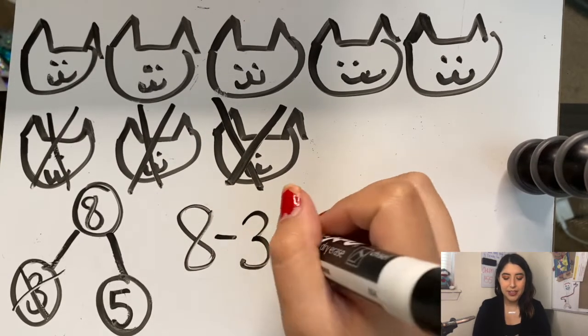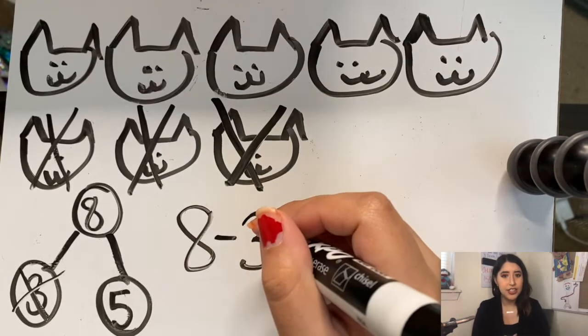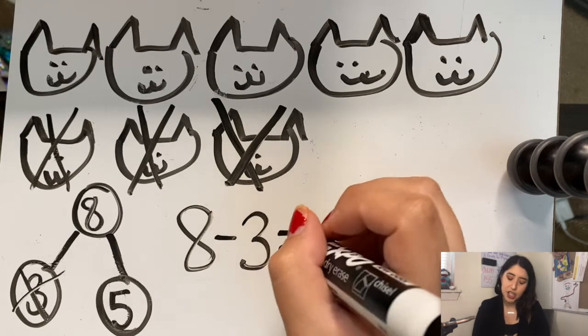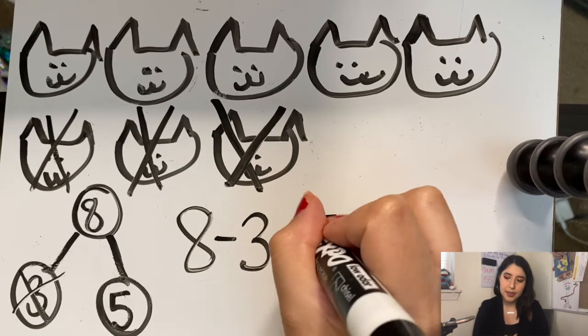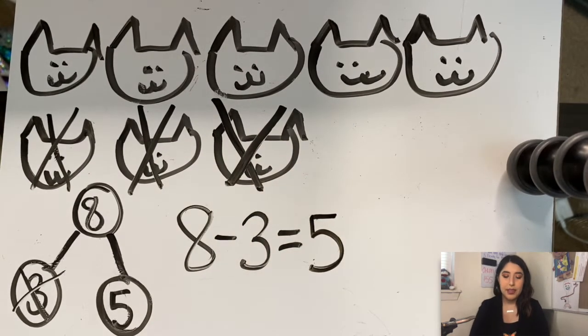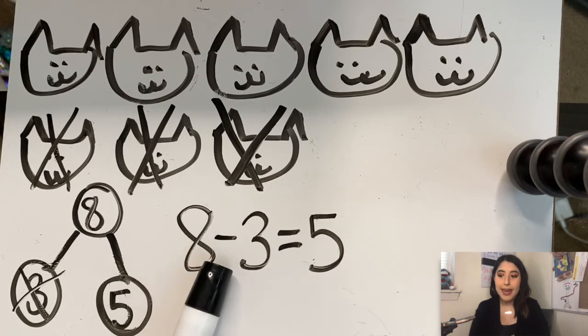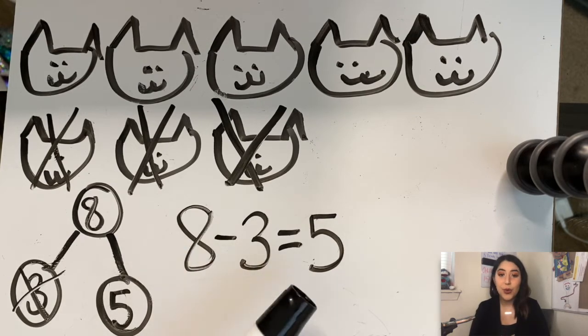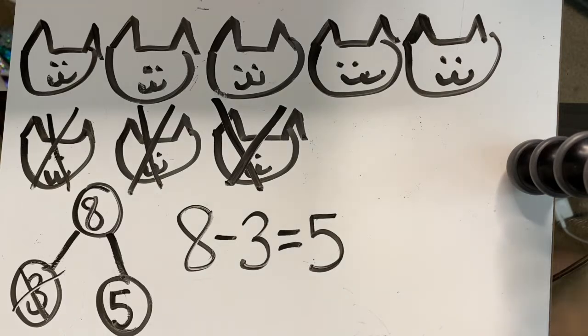And 8 minus 3 equals, how many are still there? How many are still in the house? 5. Let's read the number sentence. Ready? 8 minus 3 equals 5. 8 minus 3 equals 5. And that's it for today's application problem.